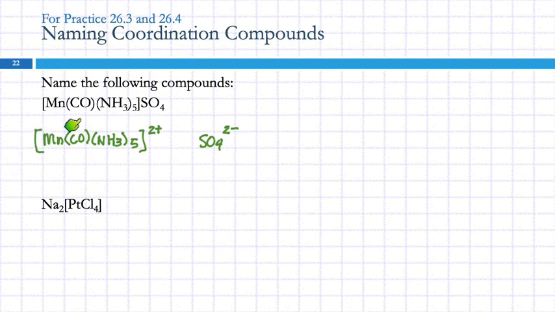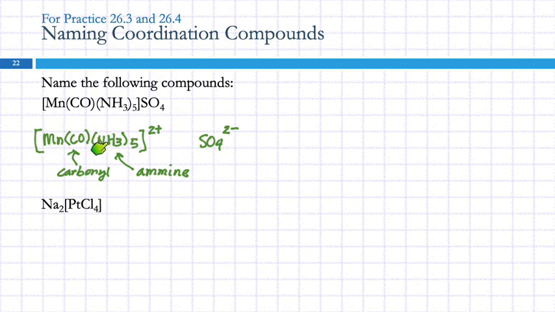So we're going to name the cation first. And this is a complex ion, so we're going to look at the ligands. CO is carbonyl. And NH3 is amine, like ammonia, it has two M's. We're going to put those in alphabetical order. So the amine's going to go first, and then the carbonyl.